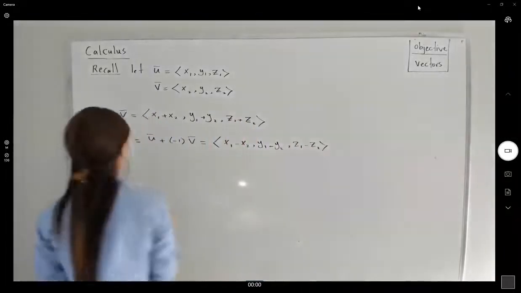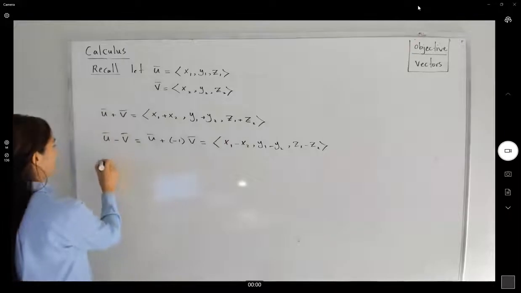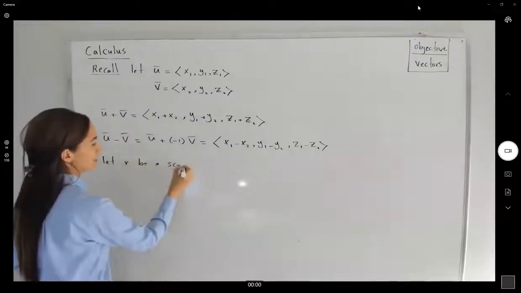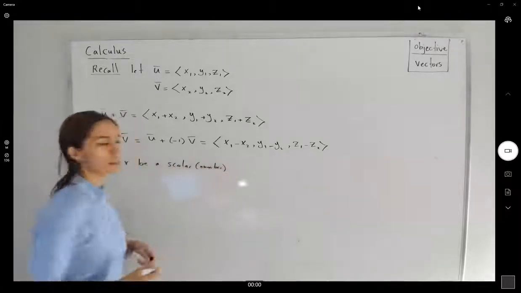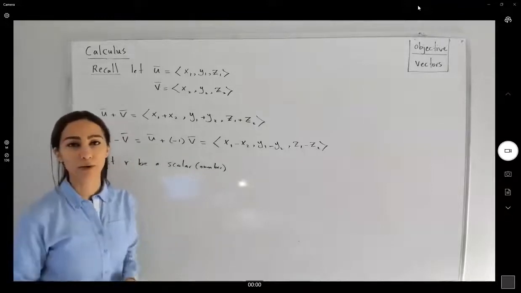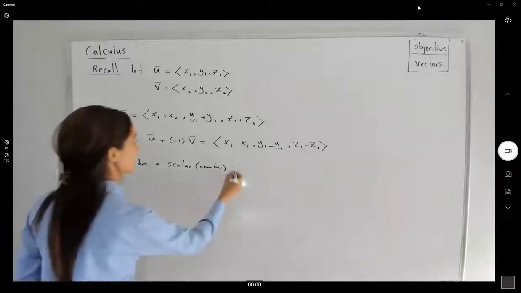For the scalar multiplication, let R be a scalar, a fixed number. It can be positive, negative, a fraction, a radical, it can be 0, 1, negative 1, any scalar, any number works here.